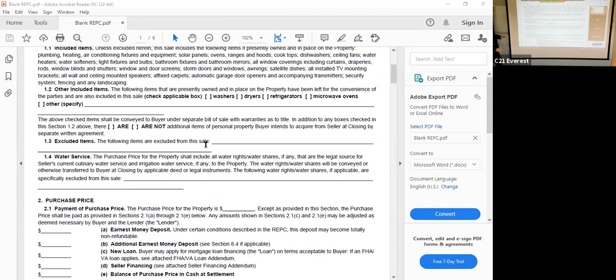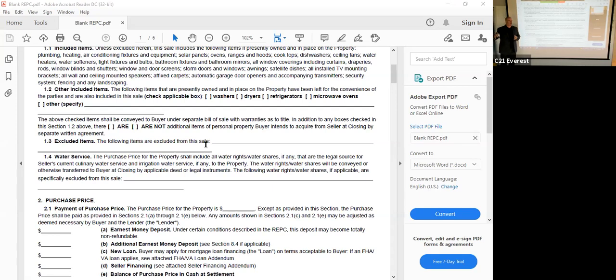Water services. We're gonna skip around and hit the high points. Water services, I'm gonna do this really quickly. If you have a seller that is selling a home and they also have certain water shares that are attached to the property, those water shares do not, unless it's a culinary system, automatically transfer.